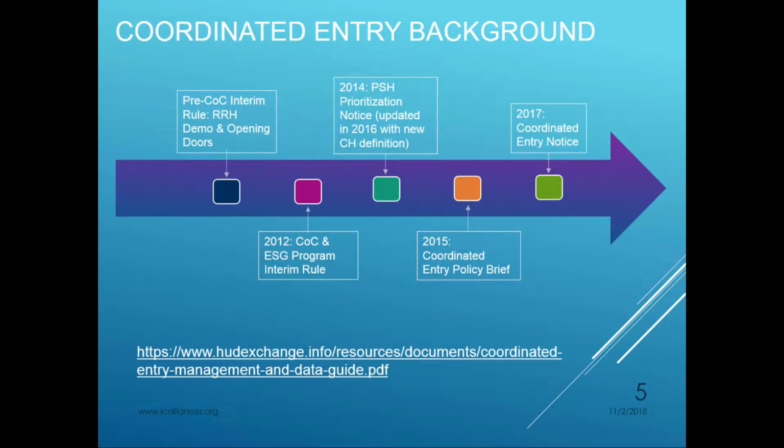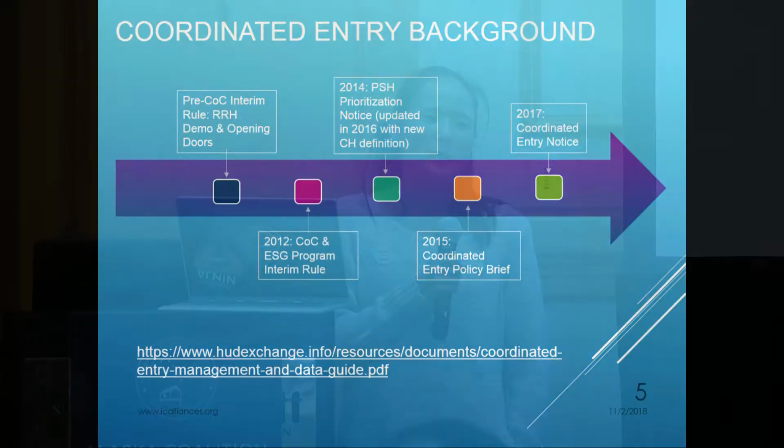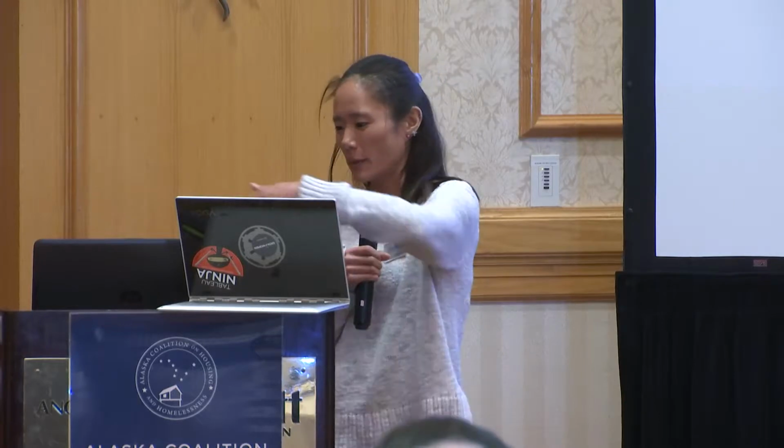We were also moving from a first-come, first-served basis, which most communities were doing because that's what we knew how to do, to prioritizing and serving the most vulnerable, and then providing households that present for assistance a clear path to permanent sustainable housing. And then, of course, after I had whittled down and prepared this PowerPoint, the Coordinated Entry Management and Data Guide was released just a couple weeks ago, which I don't have on that timeline.